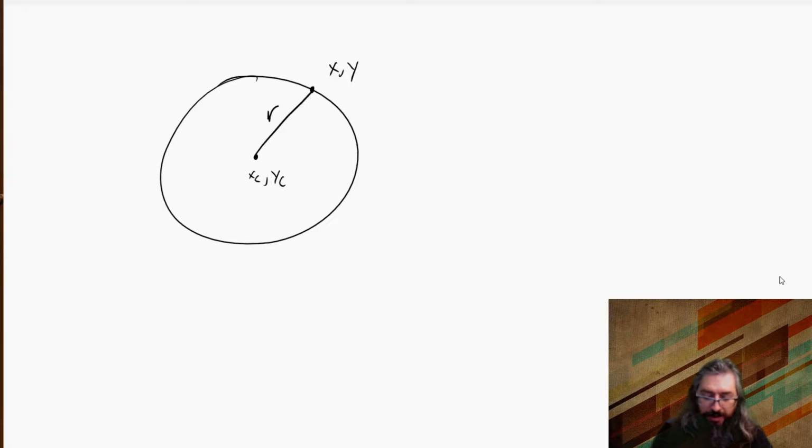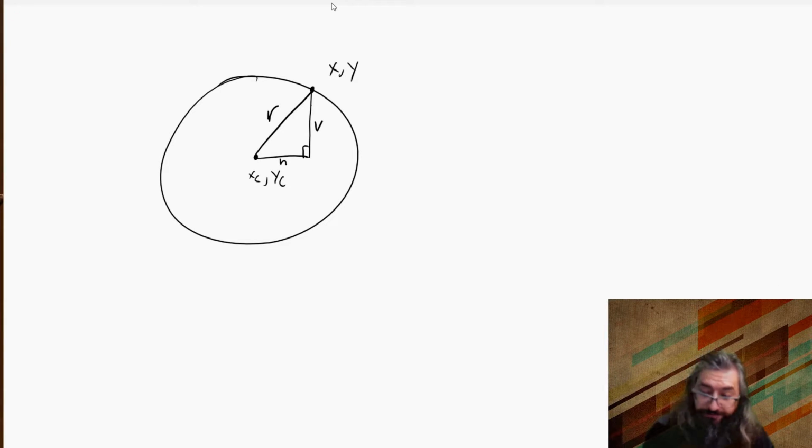So if I come down here, I can sketch the sides into a right triangle, which tells me how far away I am from the center in the x direction. This other distance is the vertical distance. We'll just call this one V, and we'll call this one H.